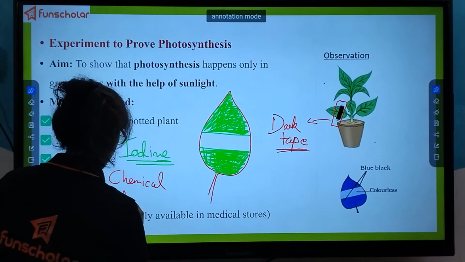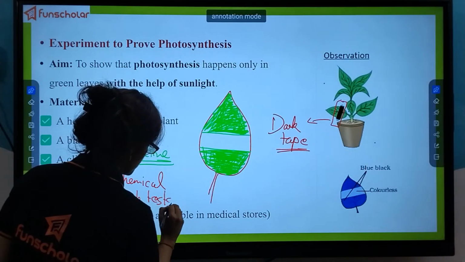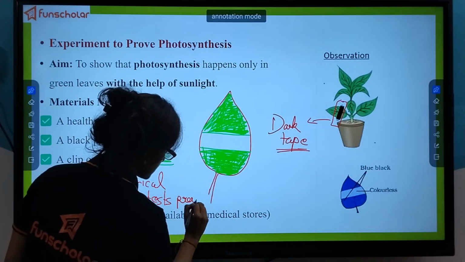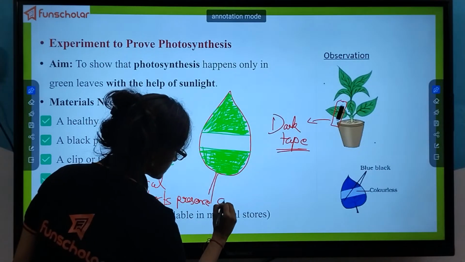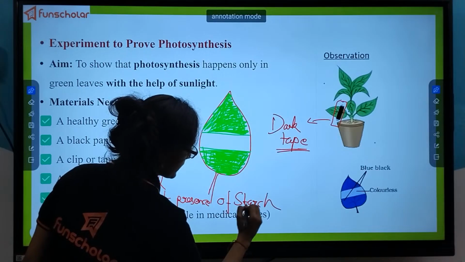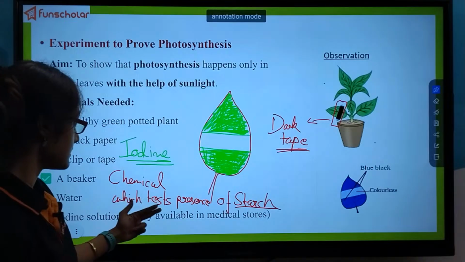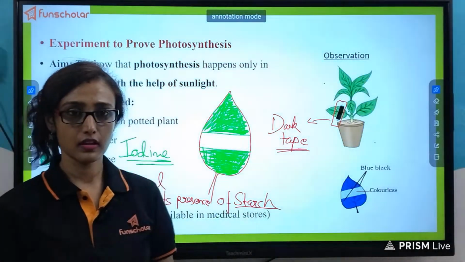which tests presence of starch. You please note down this point. What is iodine? It is a chemical which states the presence of starch.